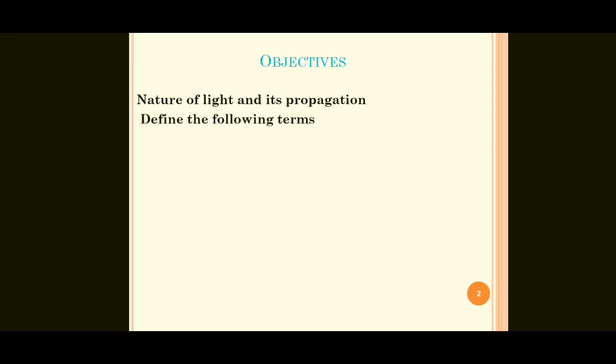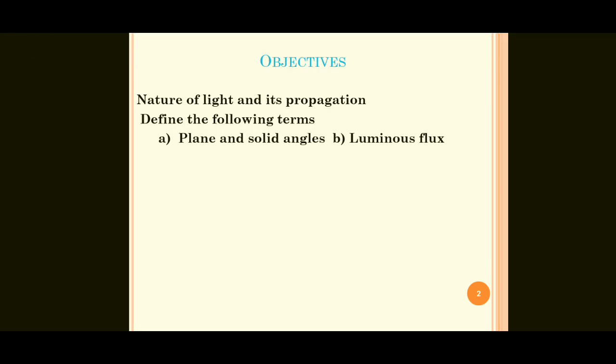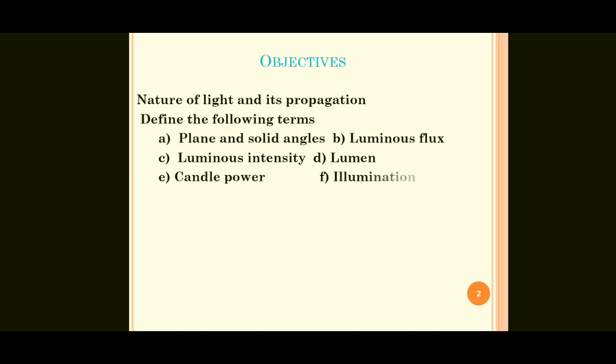These are all part of the fourth chapter. The objectives are the nature of light and its propagation, and the definition of the different terms: plane and solid angles, luminous flux, luminous intensity, lumen, candle power, and finally illumination.